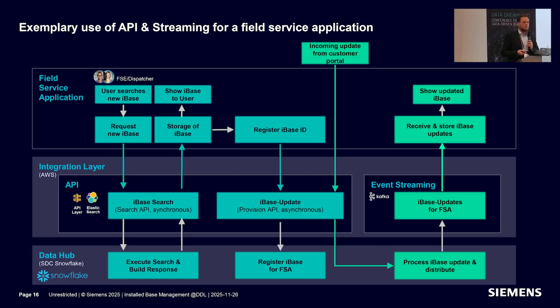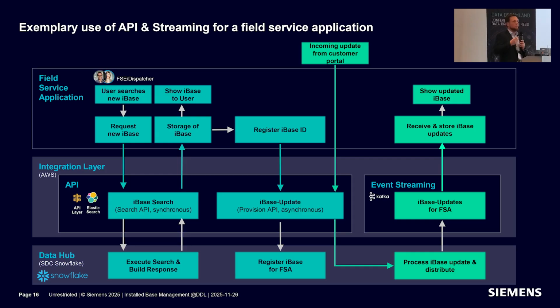Then whenever another application comes in, for example from a customer portal, where the customer himself logs in and changes something, this is communicated to us via the classic ingress APIs, processed on our side, and then we can proactively, via event streaming, inform the field service application about it.